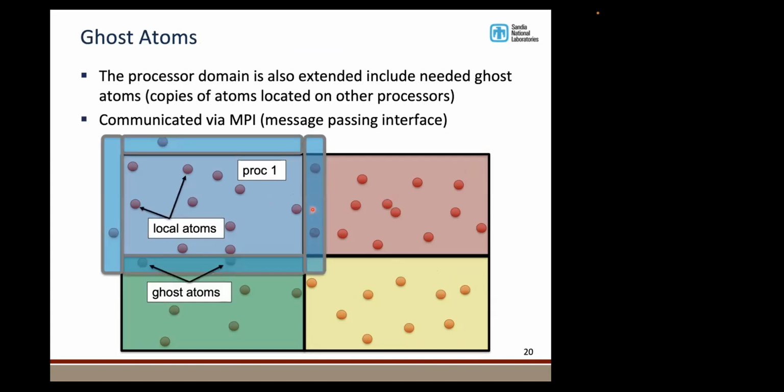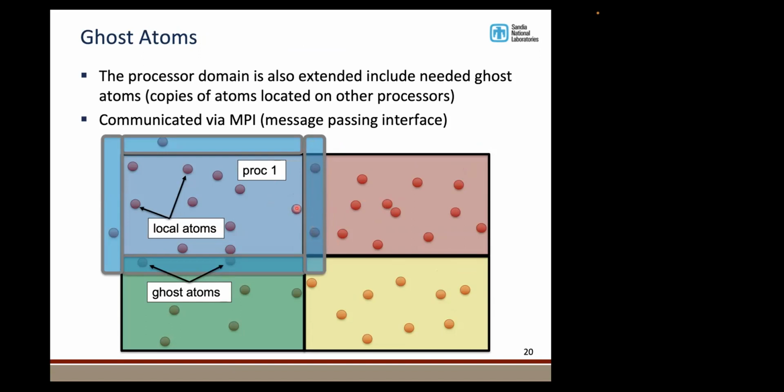The way that we do it in LAMMPS is to use ghost atoms. The processor domain is extended to include the needed ghost atoms based on the spherical interaction cutoff, and we copy the data of the atoms located on other processors.